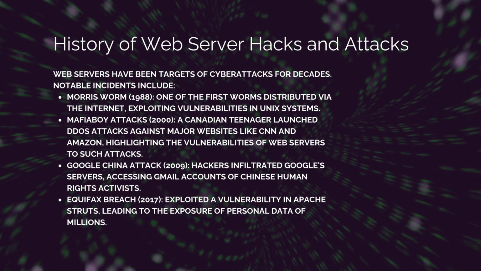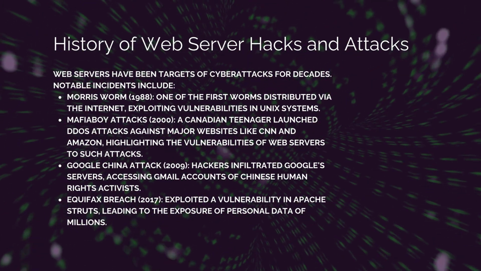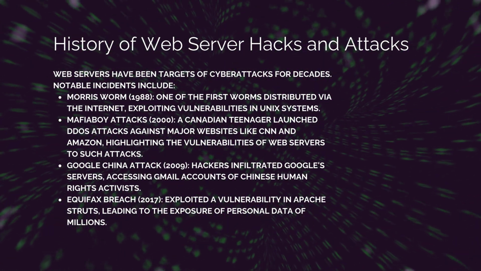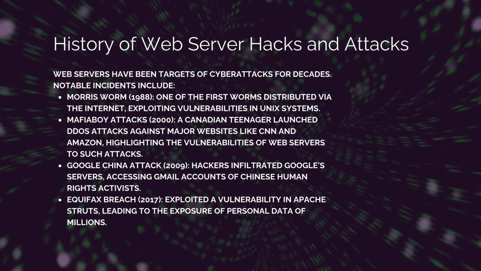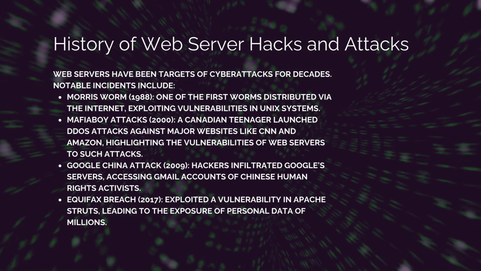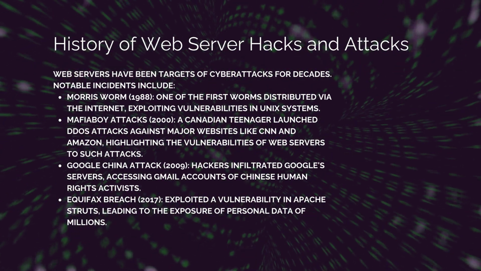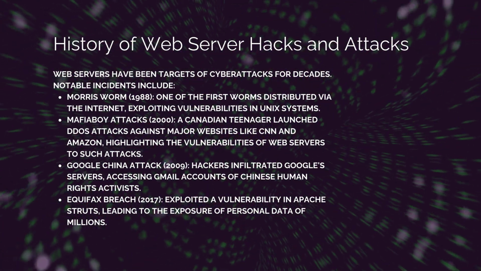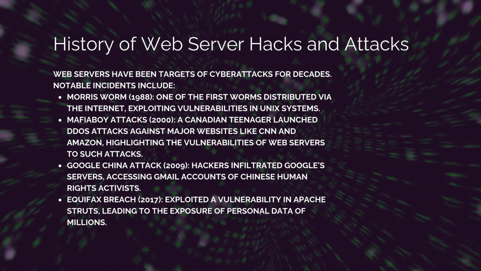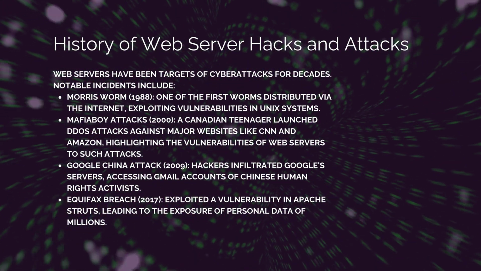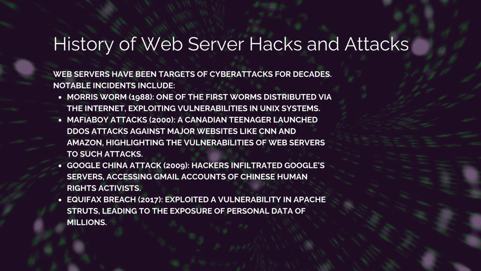There's Operation Aurora from 2009, where a cyber espionage group linked to China's Elderwood Group, associated with the People's Liberation Army, carried out a series of cyber attacks targeting intellectual property and Gmail accounts of Chinese human rights activists.